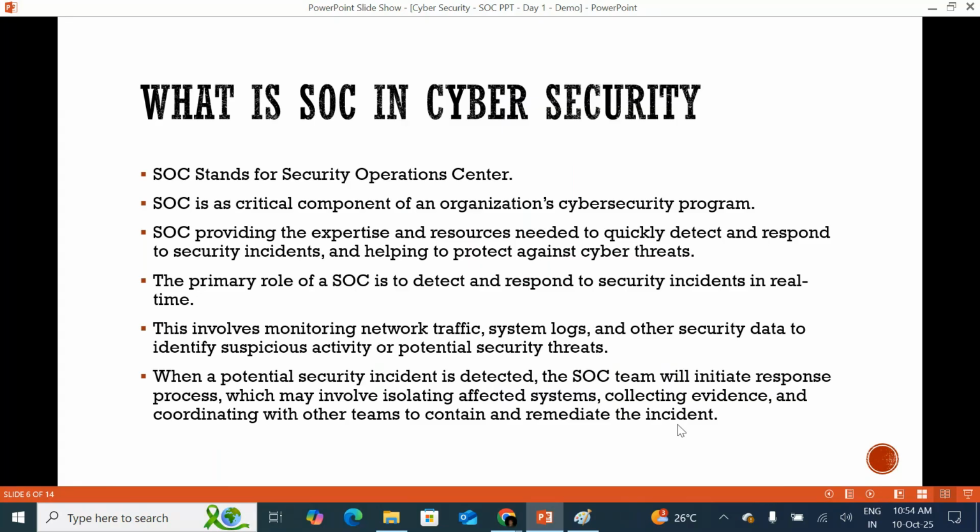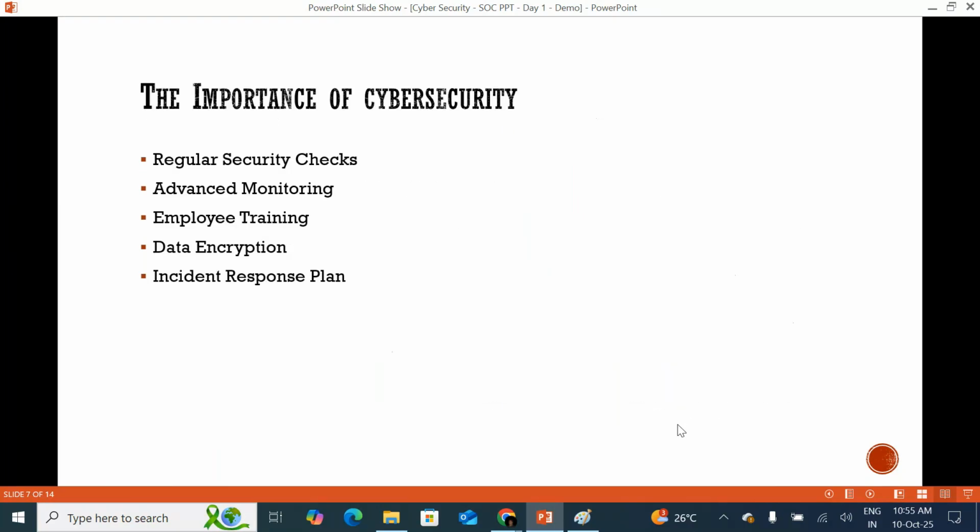But to do all these things, we need regular security checks, advanced monitoring, employee training, data encryption, which we already discussed, and an incident response plan. So many people are not trying to update their mobiles every time. So please update the mobile.